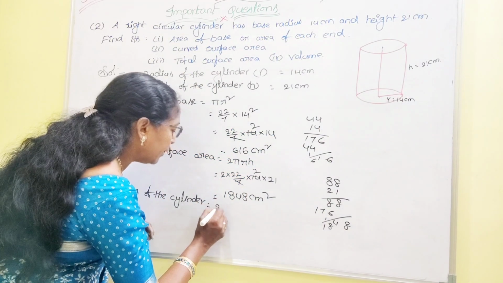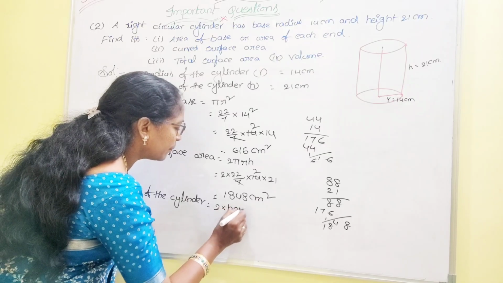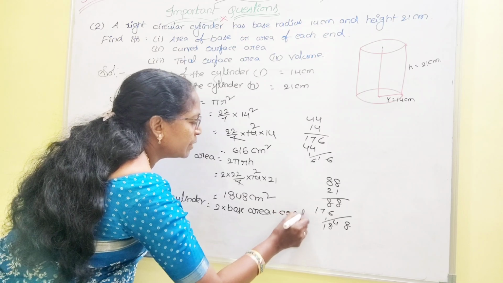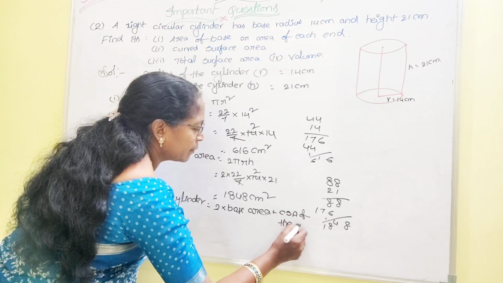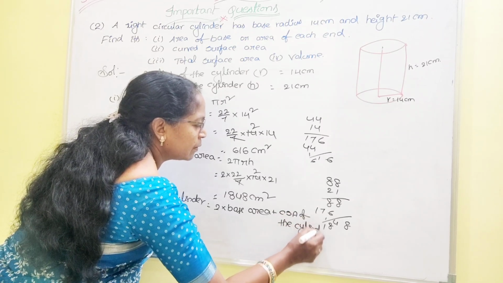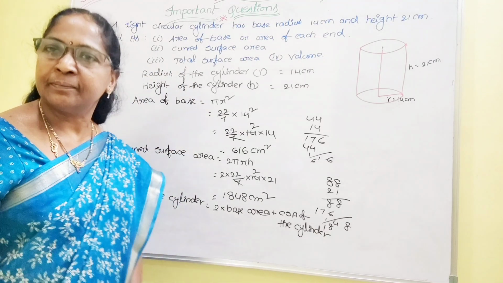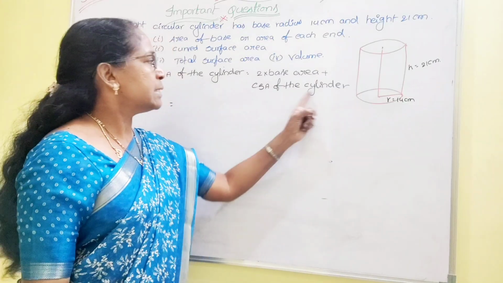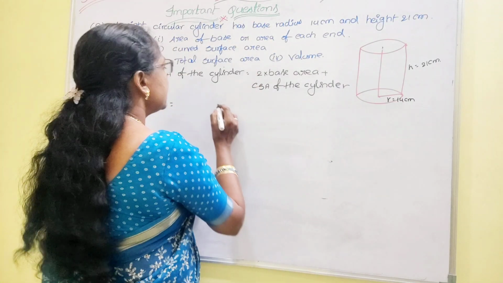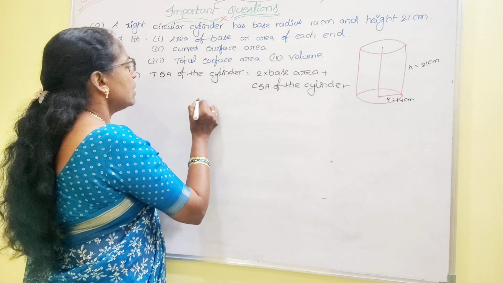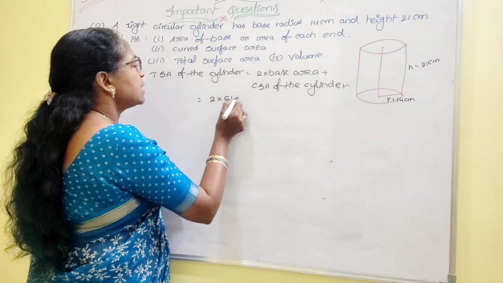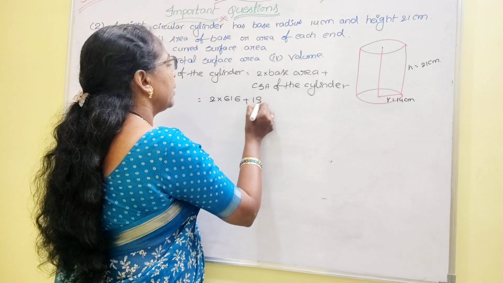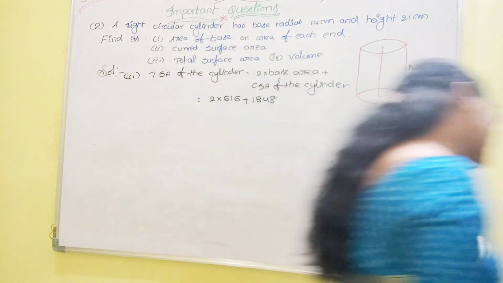So you have to write down 2 into base area plus CSA of the cylinder. Here the base area we got is 616. So 2 into 616 plus CSA of the cylinder, which we got as 1848.